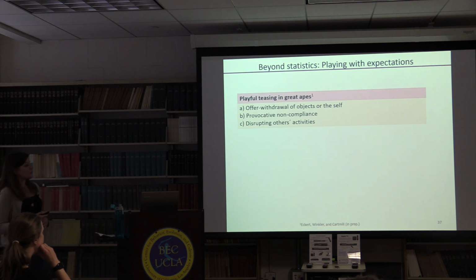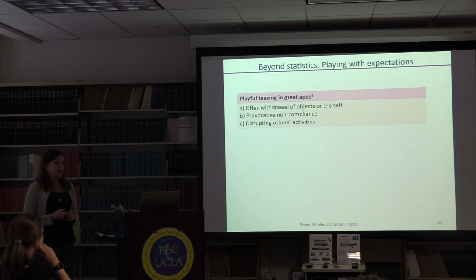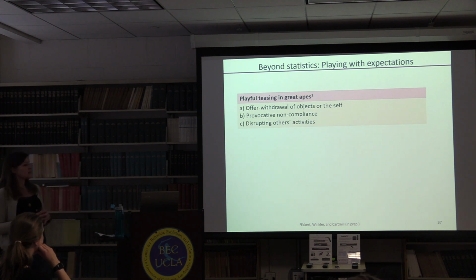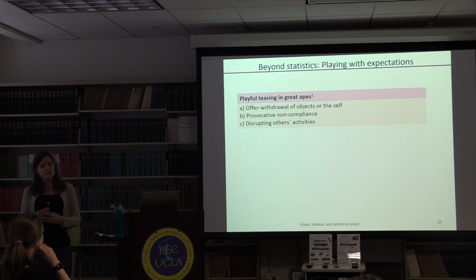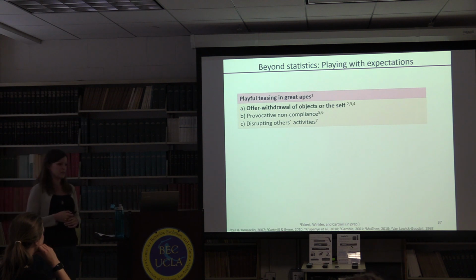So our first approach to this topic was to try and find out whether we find similar types of playful teasing behavior in great apes as have been described in infants. And to that end, we conducted an extensive literature review. And this review showed that even though there is no study yet directly investigating playful teasing behavior in great apes, this type of behavior has been mentioned several times in the literature for different great ape species.